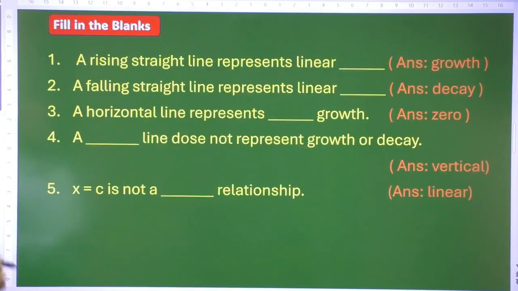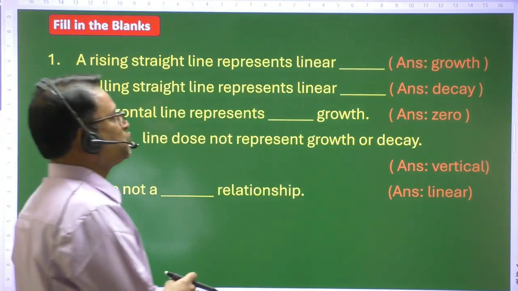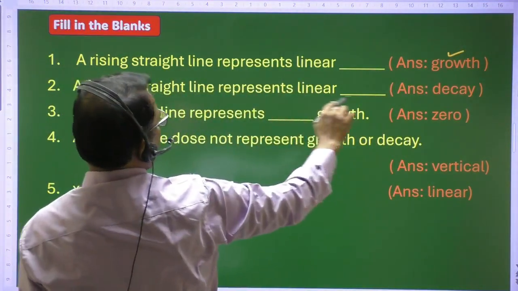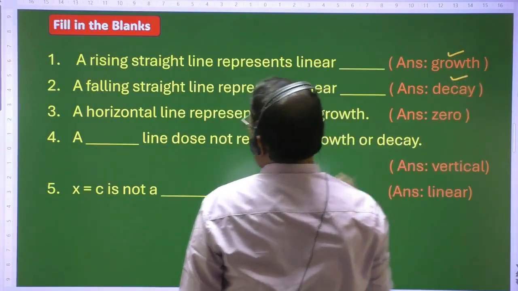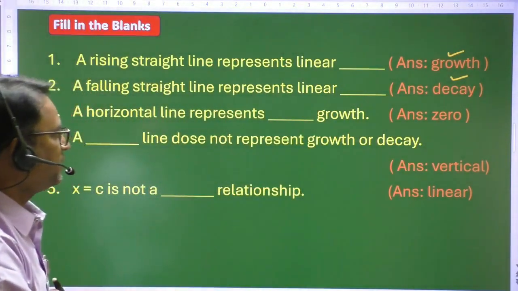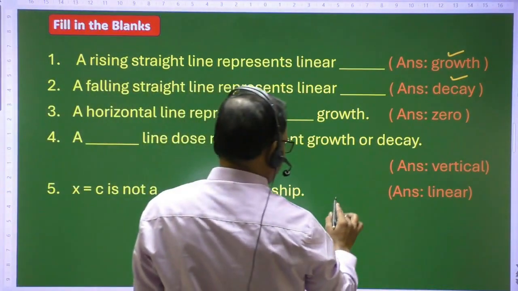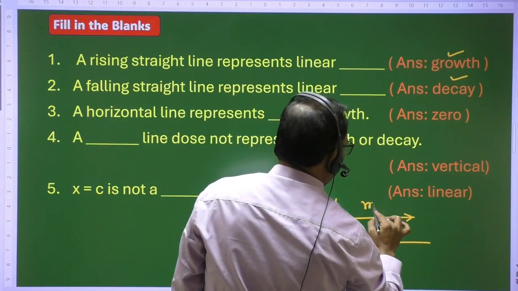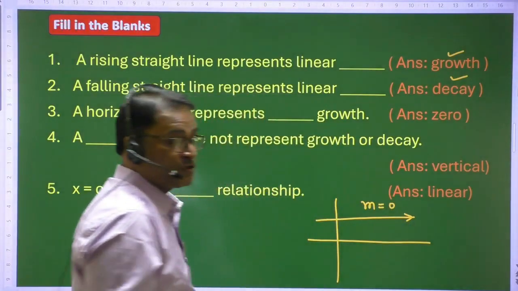Now coming to this one, a rising straight line represents what? It represents the growth. A falling straight line represents the decay. A horizontal line represents zero growth. If the line looks horizontal, the m value is 0. There is no change.